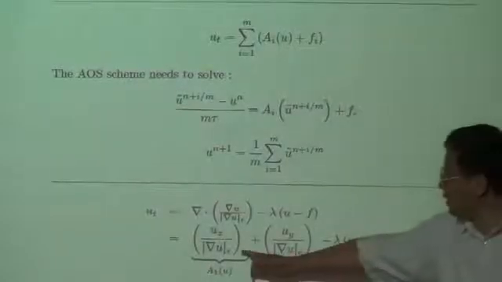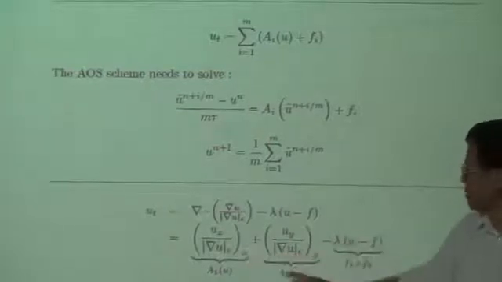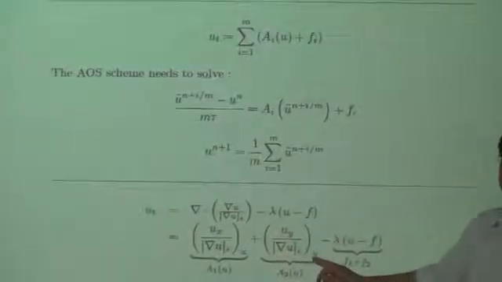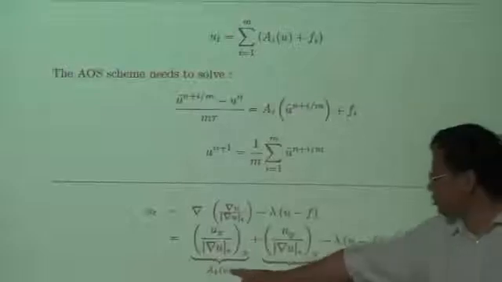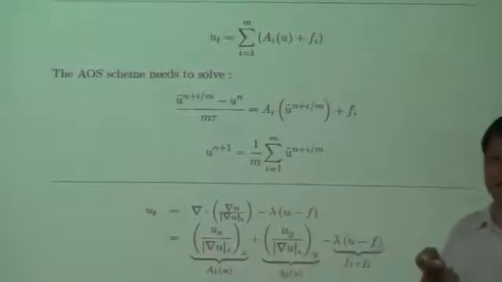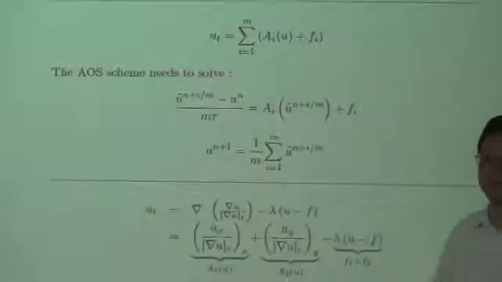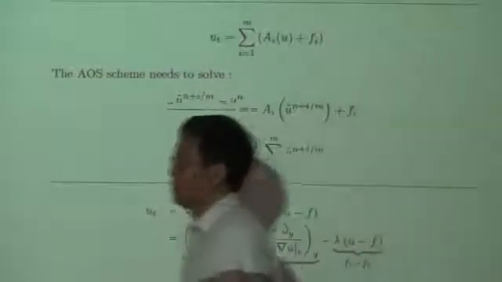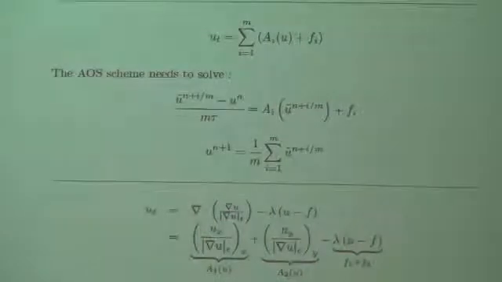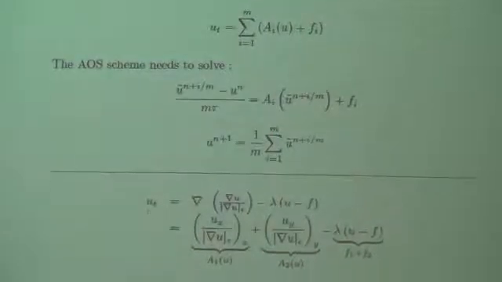Here will be only the derivative in the x direction, here will be only the derivative in the y direction. So this operator only involves the x direction derivative, and this operator only involves the derivative in the y direction. This is how you split the two operators, F1, F2.